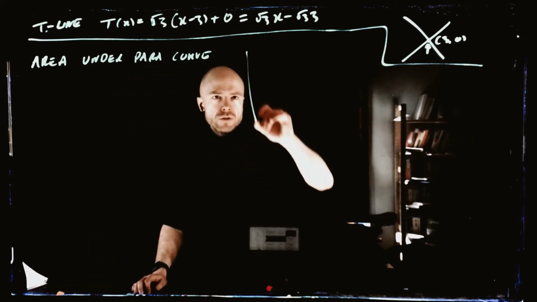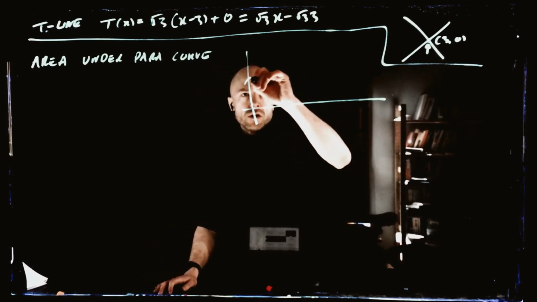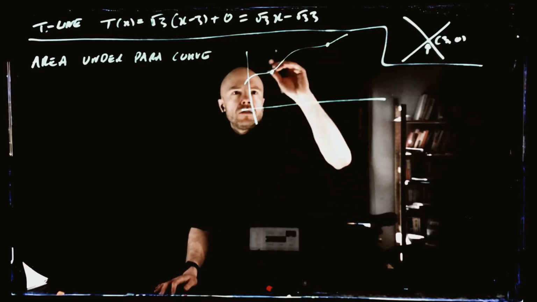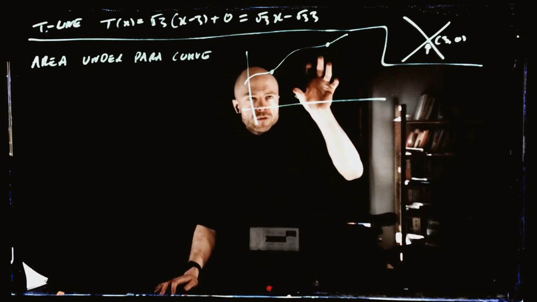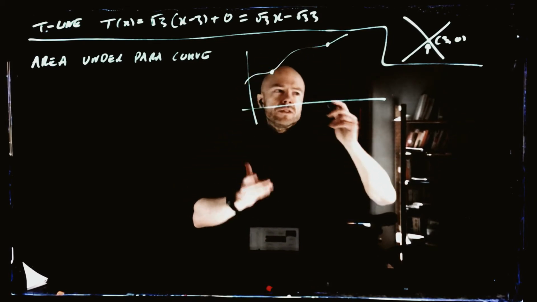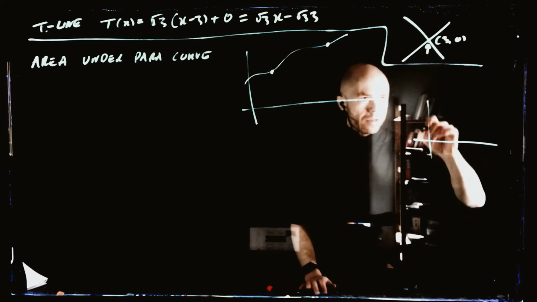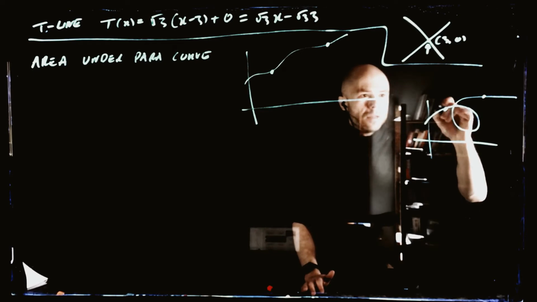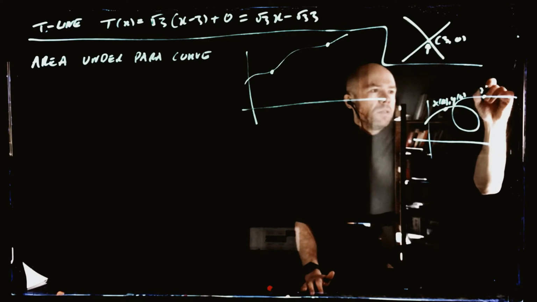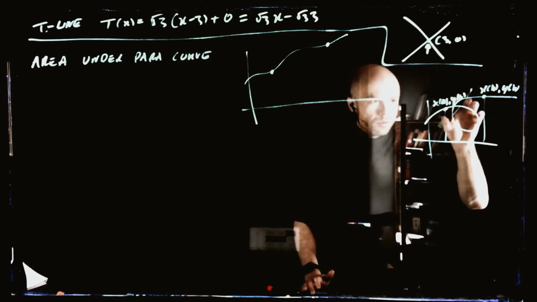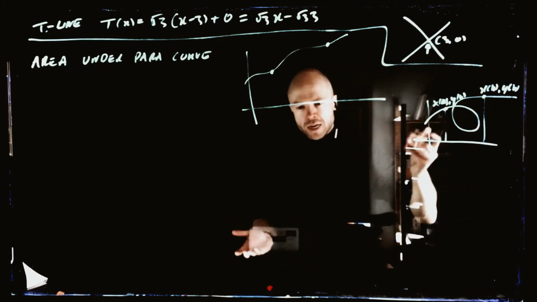So if we have some parametric curve like this, okay, and we want to know the area underneath it. The way I've drawn this parametric curve, it does have a definite area underneath its graph. But if we have a parametric curve which does something like this, and we want to know the area underneath the curve from x of a, y of a to x of b, y of b, as I've shown here, then it makes no sense because we don't know what it can possibly be defined as, right?